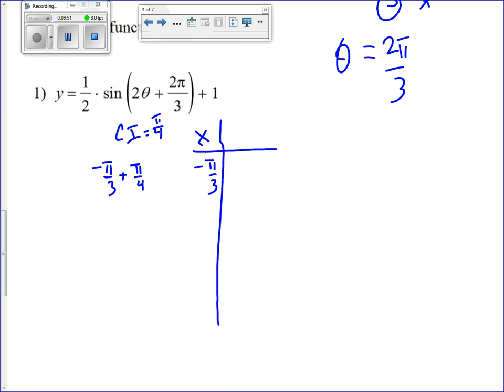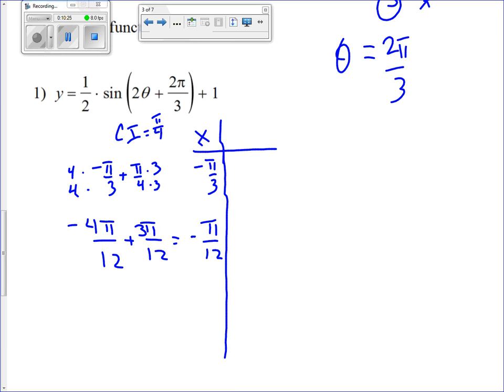So negative pi over 3 plus pi over 4. Adding fractions, need a common denominator. So our common denominator is going to be 12. So we're looking at a negative 4 pi over 12 plus 3 pi over 12, which is pi over 12.